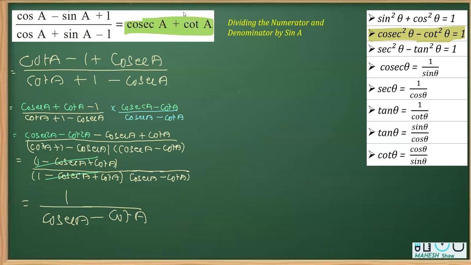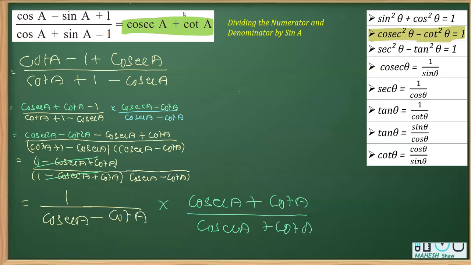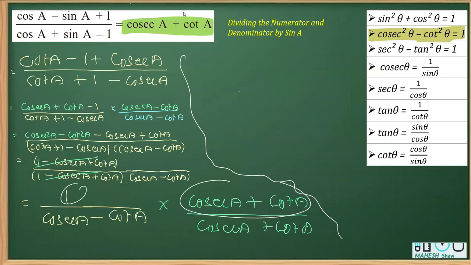As you can see, RHS is cosec A plus cot A. And therefore, we'll be multiplying this again with cosec A plus cot A. Now you can check here that on multiplying 1 with the numerator, we'll have just cosec A plus cot A only.